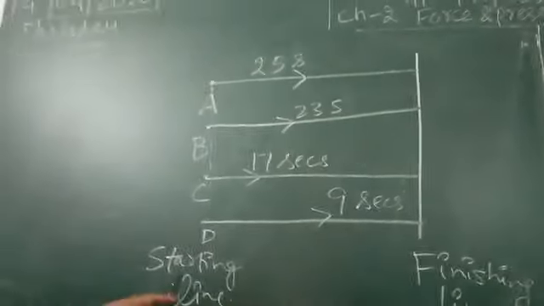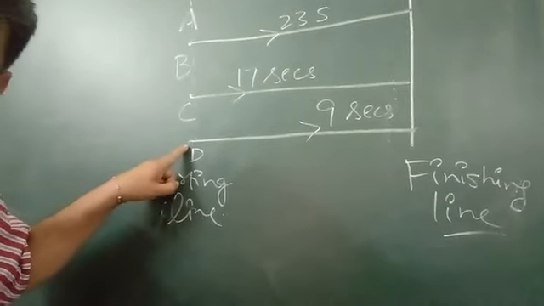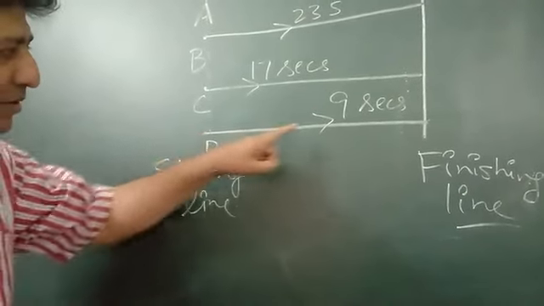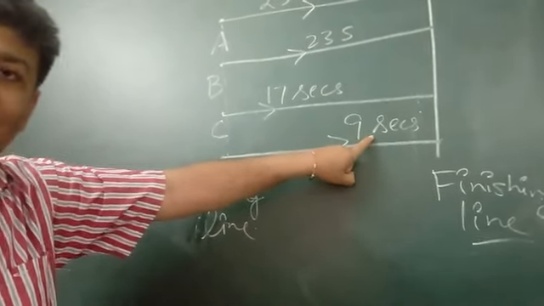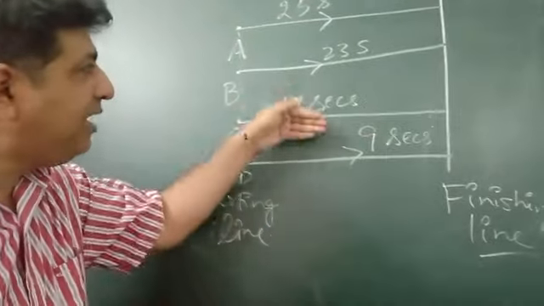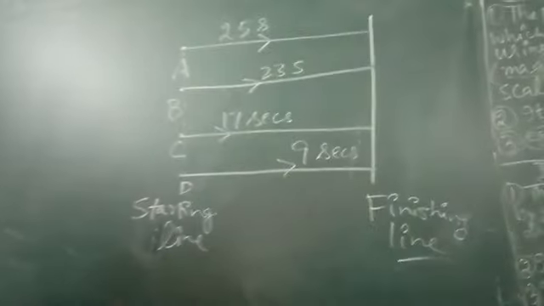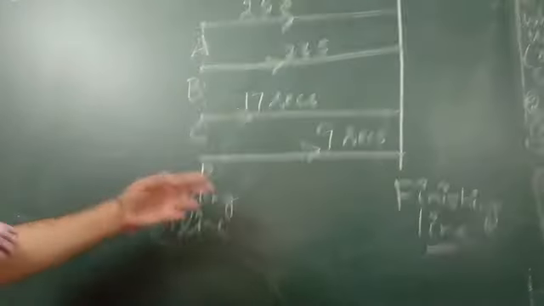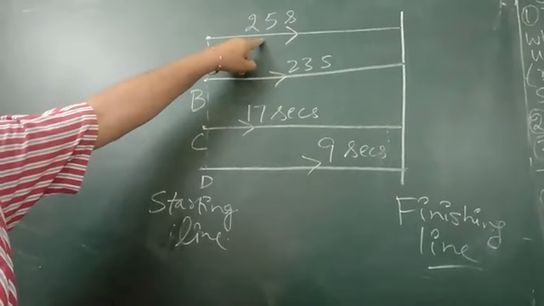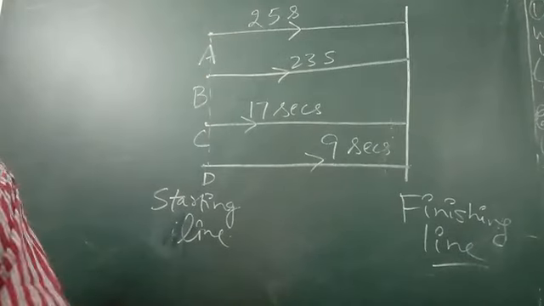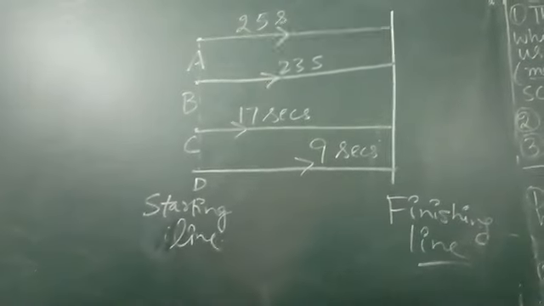Surely we can tell that the fastest car is car D, because it has taken the minimum time, the least time to travel the same distance as traveled by cars A, B and C. And which is the slowest car? You can clearly see car A. So this gives us a concept of slow and fast motion.